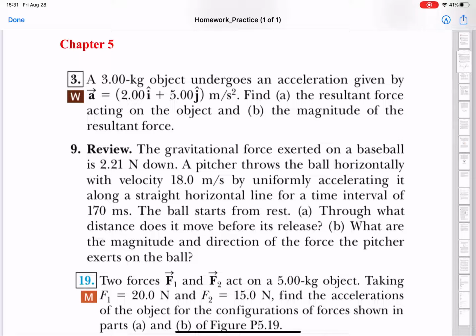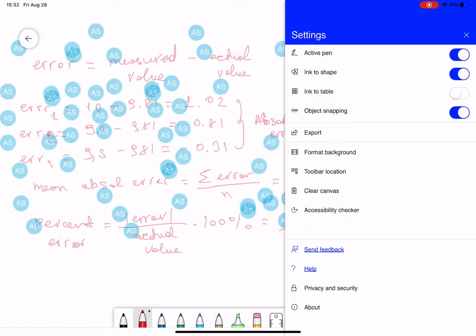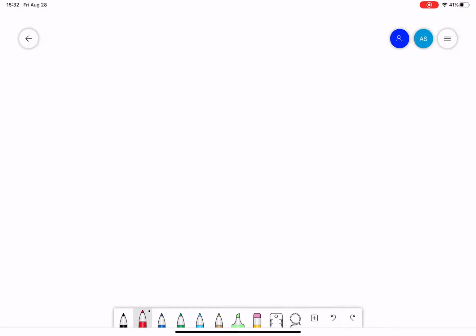Okay, so let's draw the picture. Basically the ball is thrown from rest.